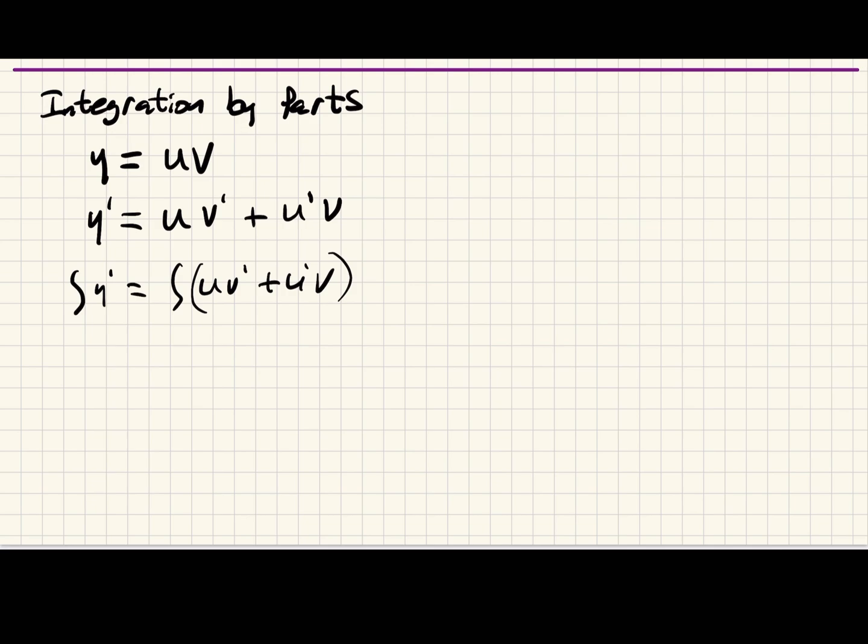On the left, it's just y, isn't it? So it's just y. On the right, it's the integral of u v prime plus the integral of u prime v. This is the sort of thing that, once you see it, you go, dang, why didn't I think of that, man? Okay, so here we go.